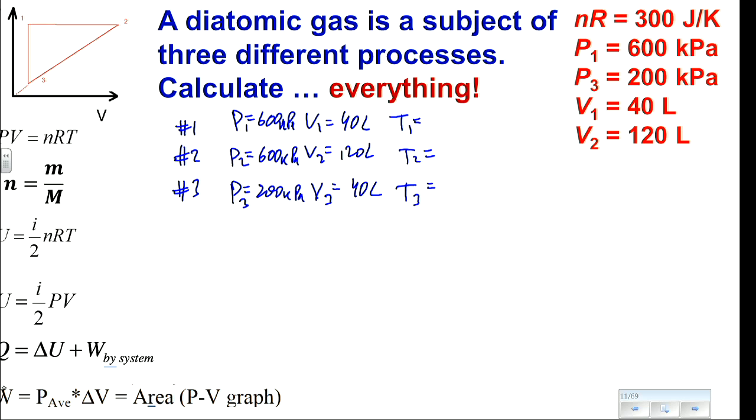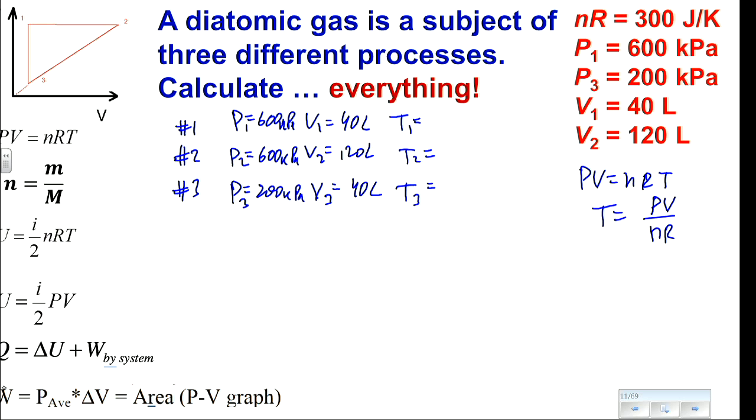What equation should we use if we want to relate the temperature, pressure, and volume? Our first guess should be the ideal gas law. PV equals nRT. Temperature equals PV over nR.